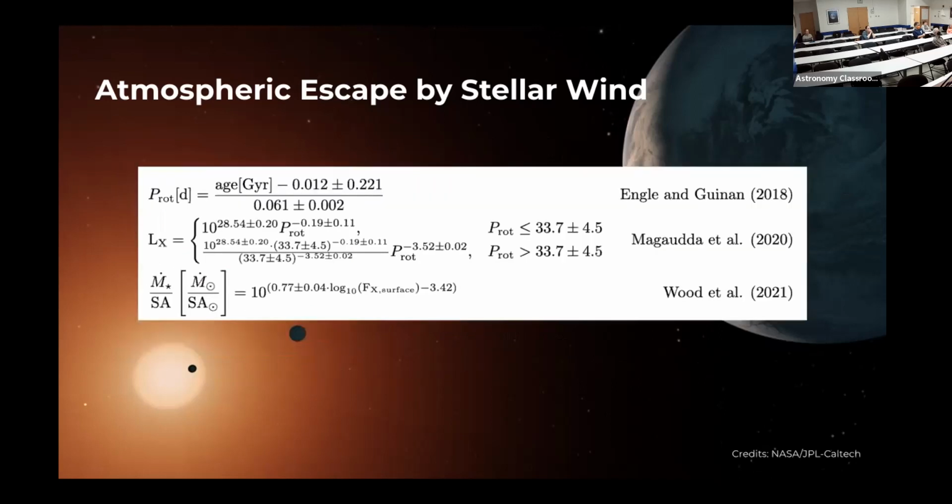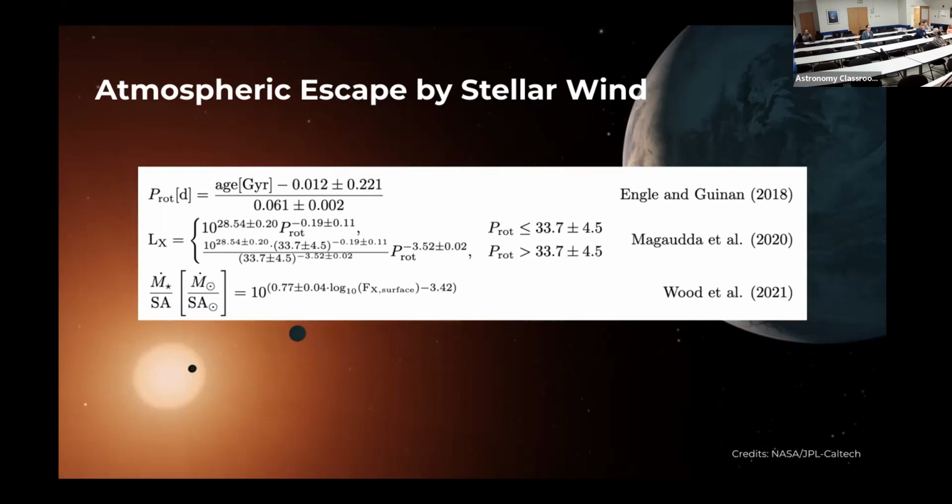But then we went a little bit more into the literature. There's been work done to connect the age of the star and the rotation period to the X-ray luminosity, and then to the stellar mass loss rate, which have error bars for all of these, but we thought it was a good idea to not just assume a constant loss rate, since we know that these stars are changing over time.